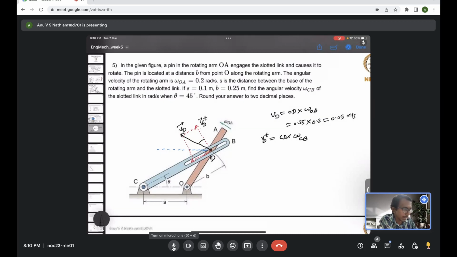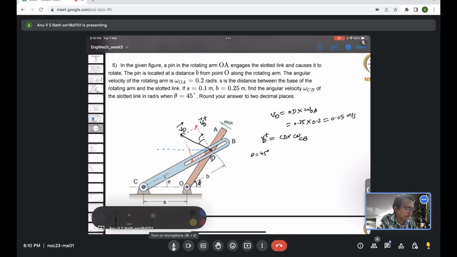So we need that component VDT, and for that we need this angle. Let's say this outer angle is phi, and we'll evaluate that. This angle theta is already given, theta is 45 degrees. We need to evaluate phi. So let's assume this angle is phi, then evaluate the unknown angle in terms of phi.